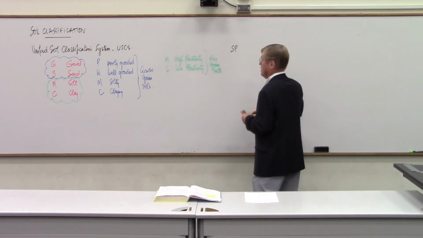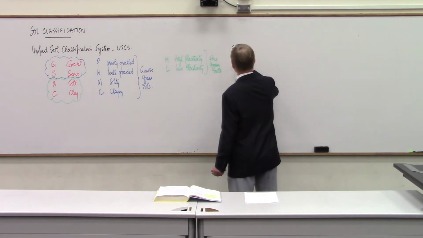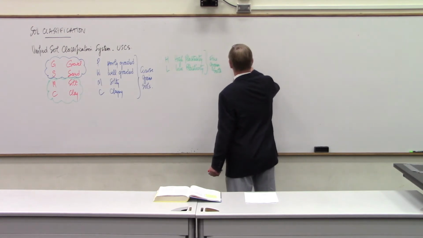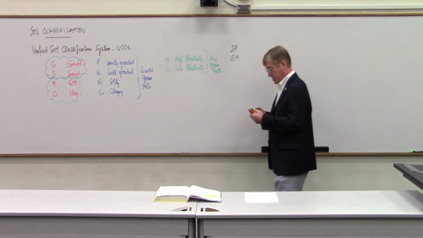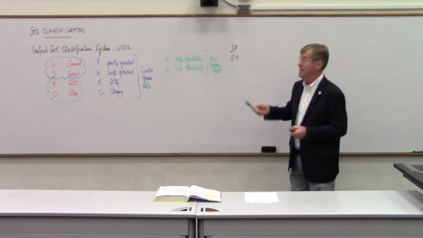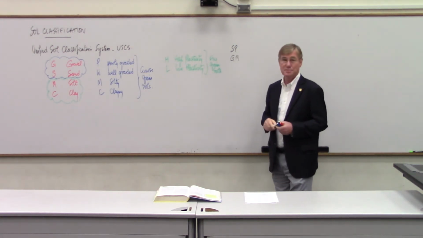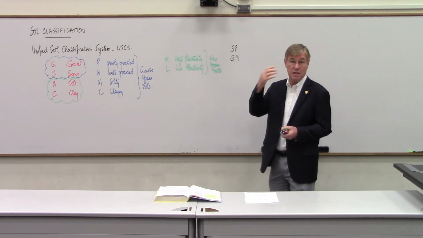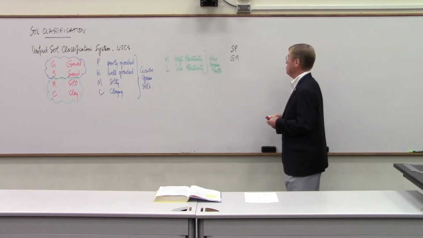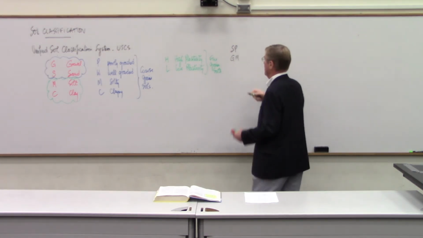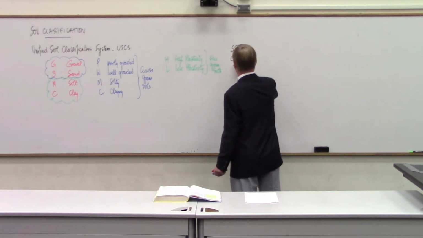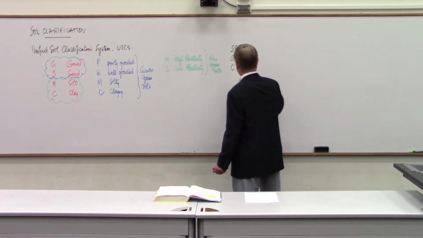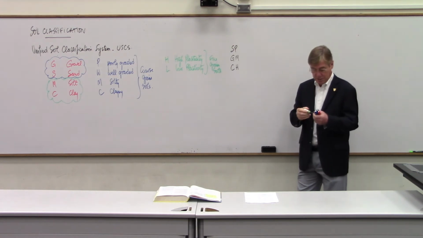If you had a GM, this is not General Motors, it's a silty gravel. So that means it's a gravel that has a fair amount of fines in it, or a dirty gravel. If you had a CH, this would be a high plasticity clay.